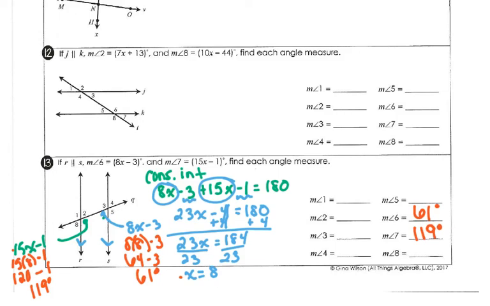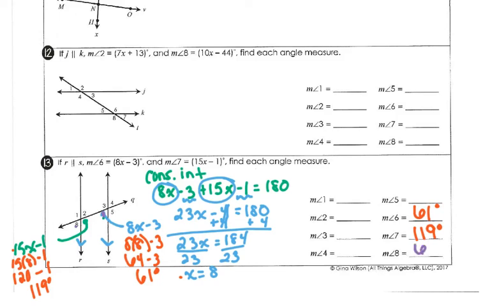Now, we can get the rest of our angles by using our classifications for the 4 types. So it doesn't matter what angle you start with. I'm just going to start with working with angle 6. So knowing angle 6, thinking about the different types you have, I know angle 8 in comparison to angle 6 is going to be corresponding.